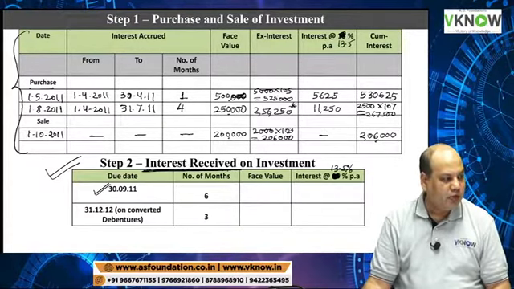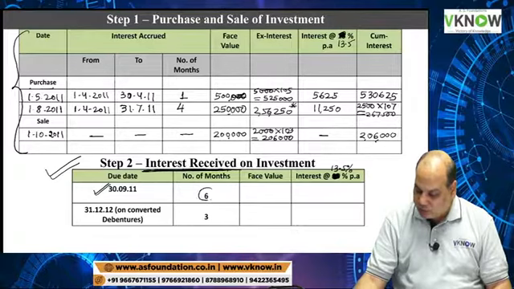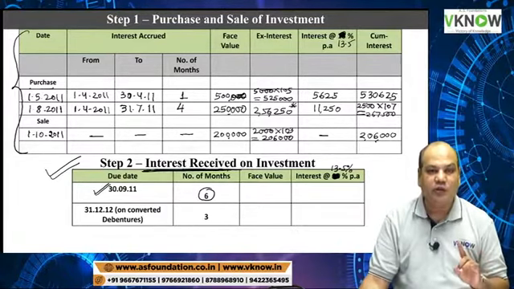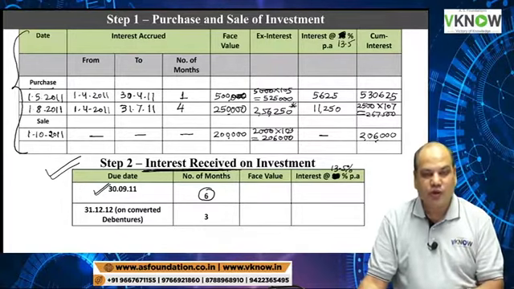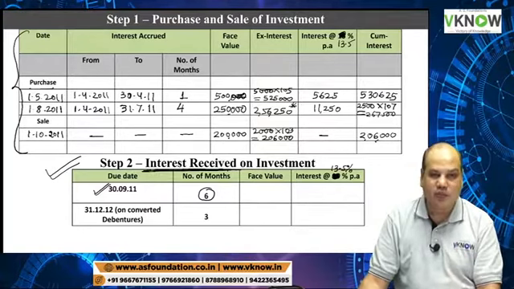Interest will be calculated for 6 months because the company will pay interest for 6 months to those debenture holders who hold the shares on 30th September.